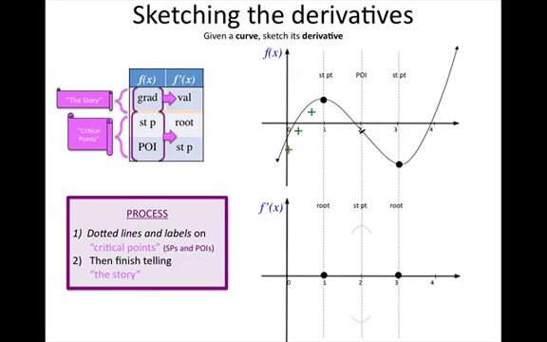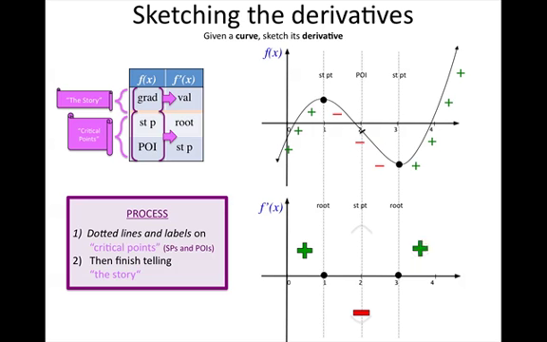During that period it is a positive gradient throughout, which means it's a positive value throughout on the f dash x. Between 1 and 3 we've got a negative gradient, and with a negative gradient we have a negative value in the derivative. Then from 3 onwards we've got a positive gradient again. A positive gradient means a positive value in the derivative.